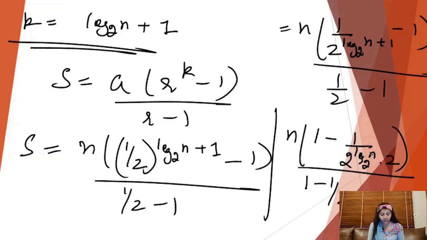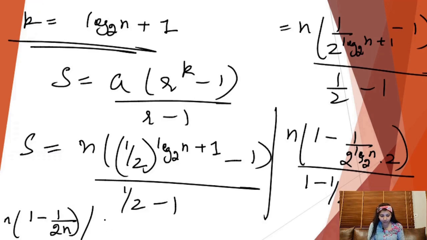Now here this 2 to the power log n base 2, the 2 will get cancelled as this is the property of the logarithm that when the base of the logarithm is the same as the base of the exponent, they cancel out each other. So here we will be only left with n. So this will become n times 1 minus 1 upon n, and in the denominator I have 1 by 2.